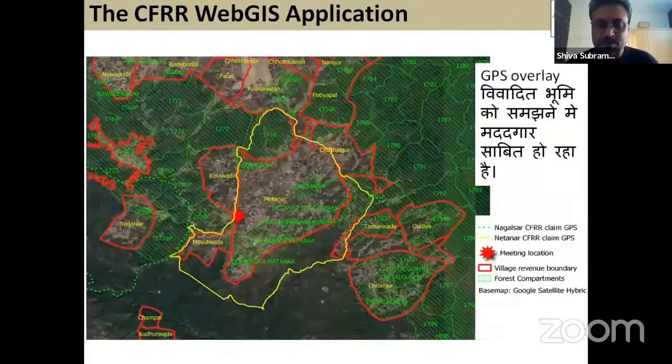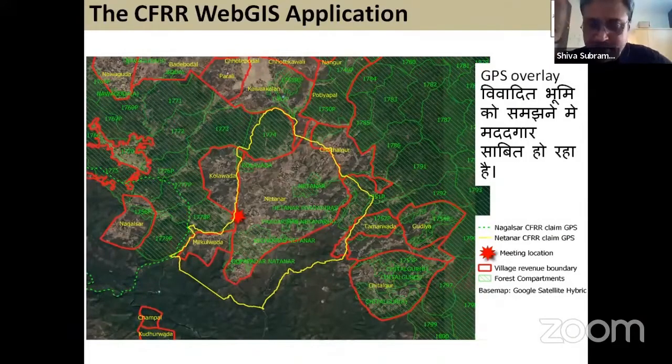Apart from this, whenever there is a claim lodged, we have a moderation mechanism in the back end, where the post-processing team verifies the claims and checks for the constraints, and if the constraints are there, then the claim is sent back to the local facilitators, who in turn do the corrections and then upload it back using the Android app that we have developed.